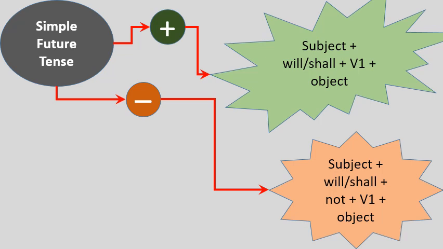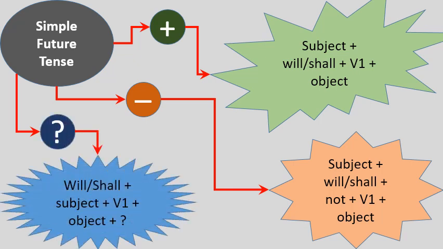For example, I shall not go to Thailand. In the interrogative sentence, the structure will be will or shall plus subject plus first form of the verb plus object. For example, will you go to Thailand? Note one thing, to make an interrogative sentence, we put a question mark at the end of the sentence.